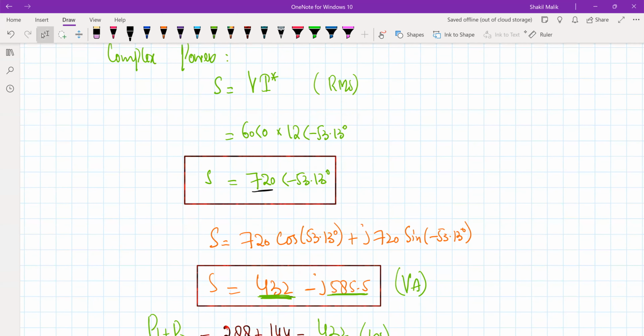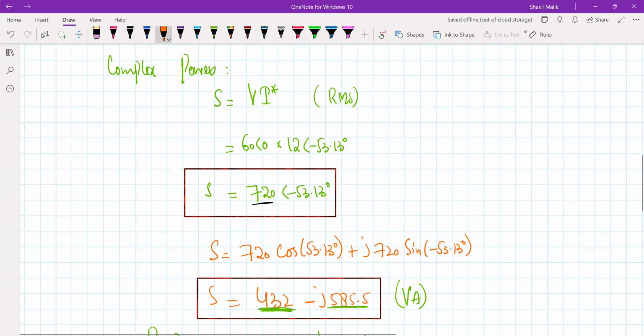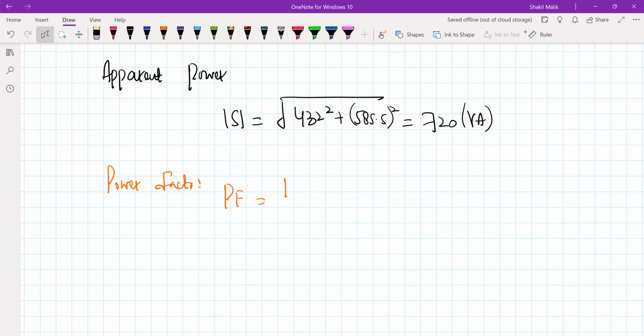Okay. Now the power factor. To compute the power factor, which is denoted by PF, you either use the cosine of the angle of the power, or you use simply P divided by the magnitude of S. So P is 432 divided by 720.